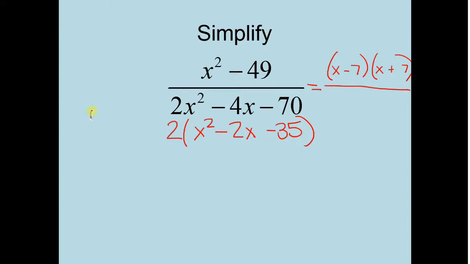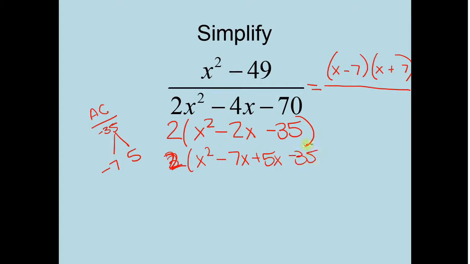Now I got AC of negative 35. What two numbers multiplied give me negative 35, but add together to give me negative 2? Oh, what about a negative 7 and a positive 5? That should get me what I want, right? So I got x squared minus 7x plus 5x minus 35.